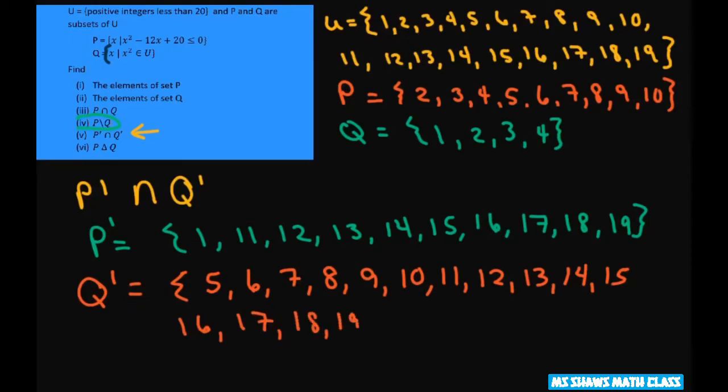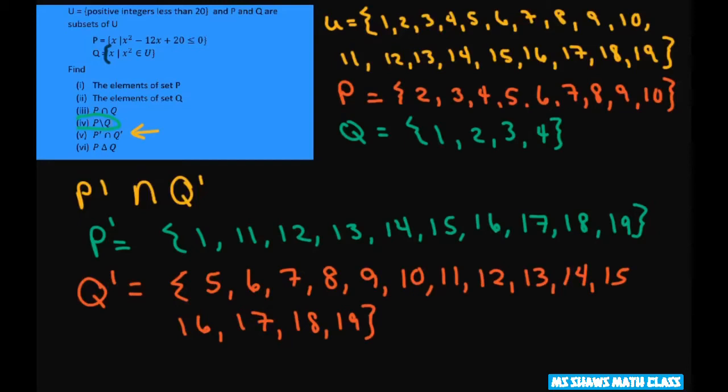and 19. So the intersection is where they're both, where we have the same value. So the intersection of not P and not Q, let's match up the numbers here.